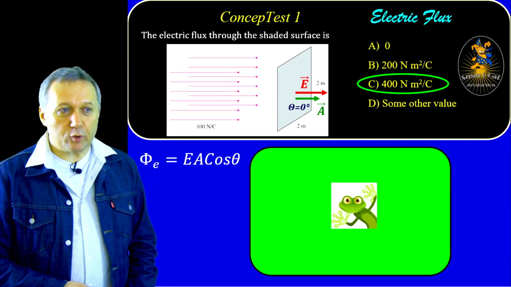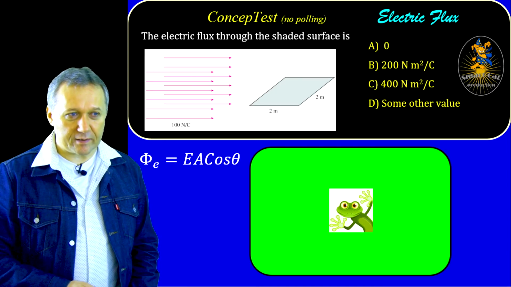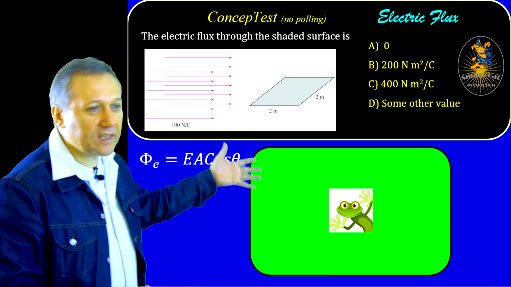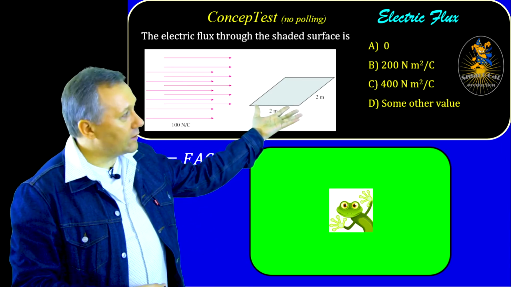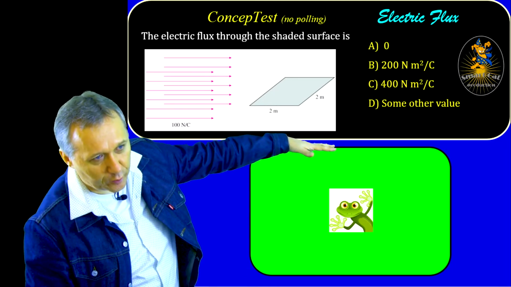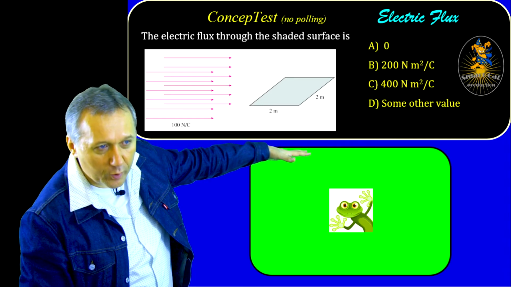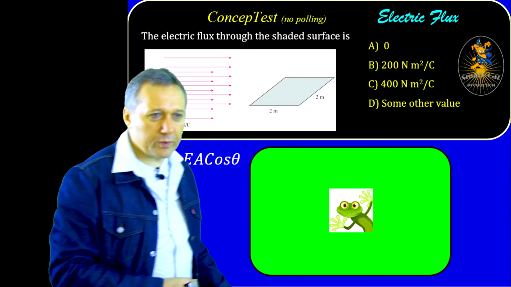Okay, the next question I'm not going to poll. I just want to discuss. You will think for a second, then I will discuss, and then the next question, I will poll. So basically the same situation, but now I turned that flat surface by 90 degrees. So now you see the surface is horizontal. What's the value of the flux? Just think quickly for yourself without polling it.